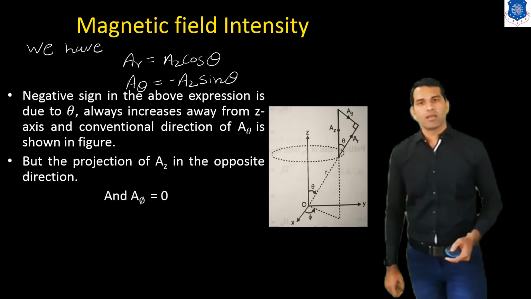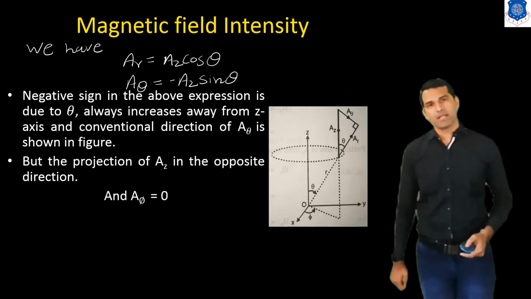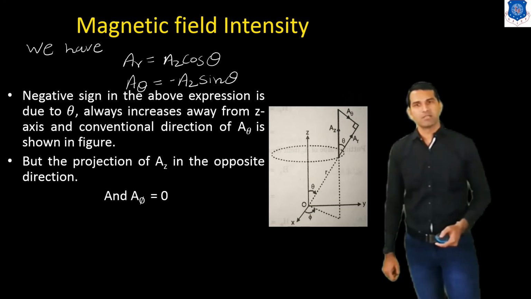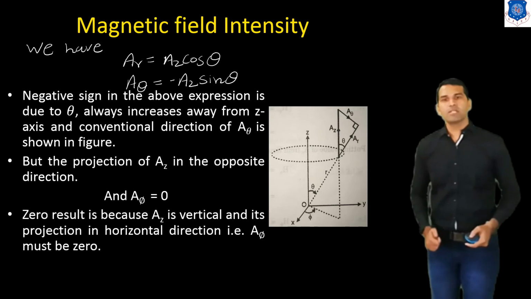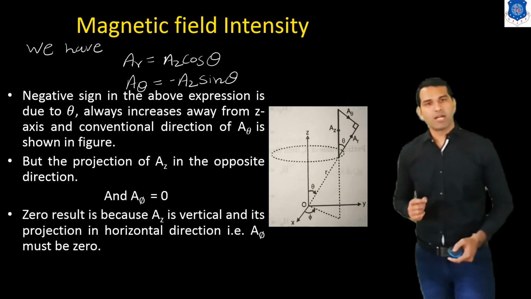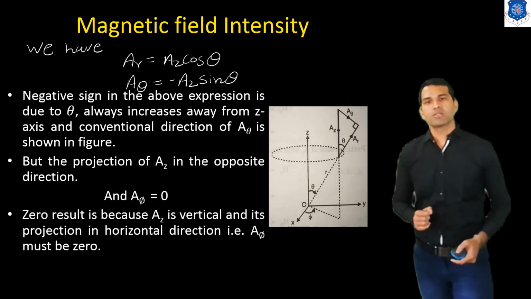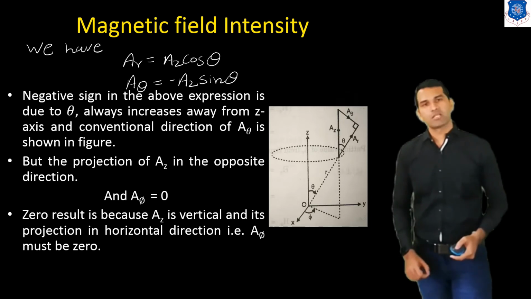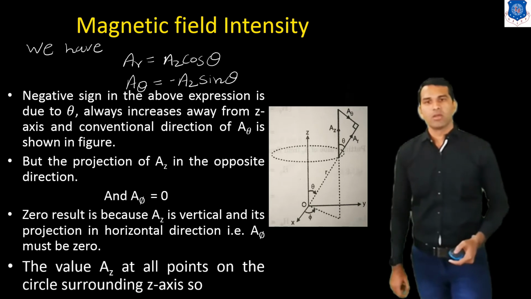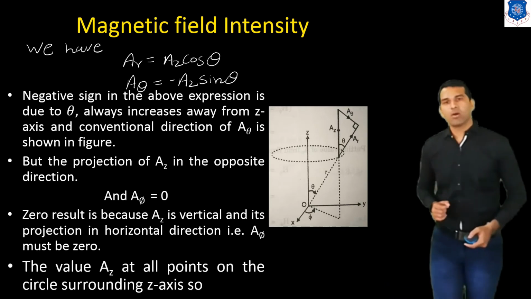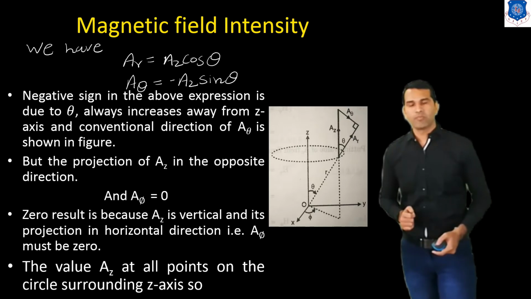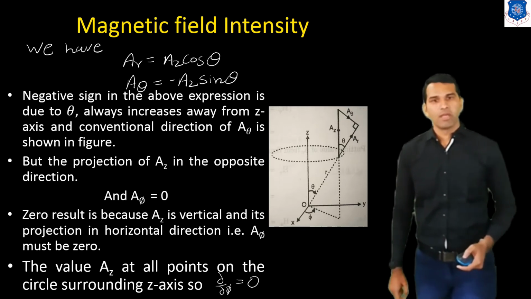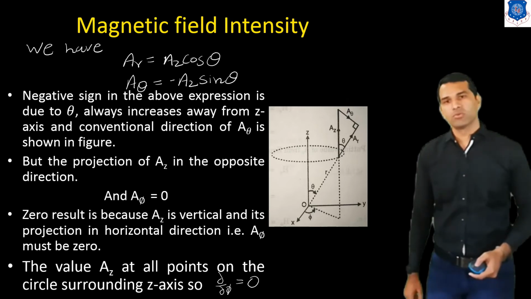So here we write the minus sign, and here a phi is 0. The 0 result is because az is vertical and its projection is in the horizontal direction, and a phi must be 0. The value of Az is the same at all points on the circle surrounding the z axis, so d by d phi is equal to 0.